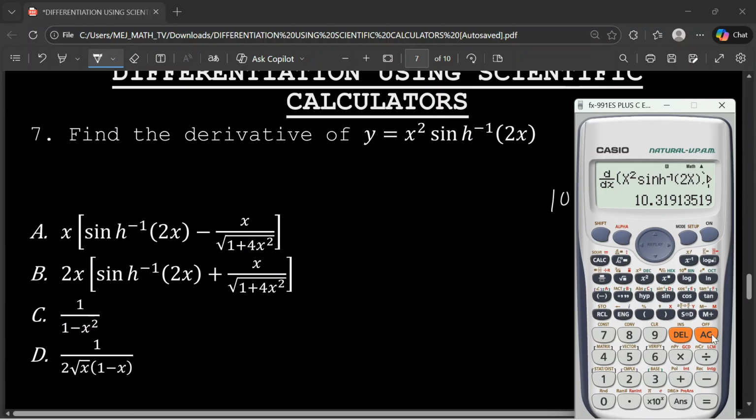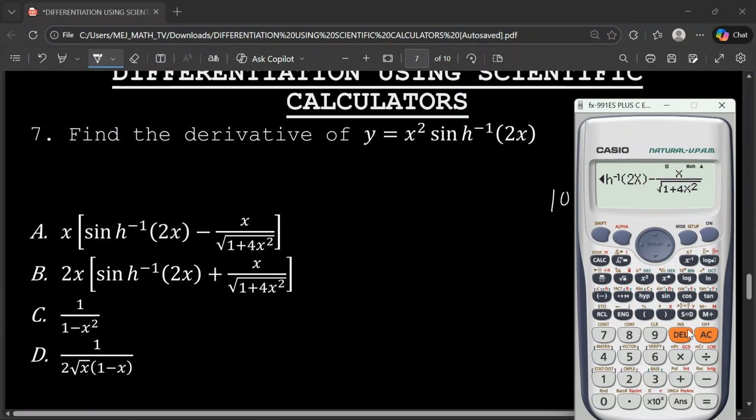So we are going to test the options. So with the first option, we are having alpha x multiplying the hyperfunction of 2 alpha x, we close it, minus alpha x on root of 1 plus 4 alpha x squared.